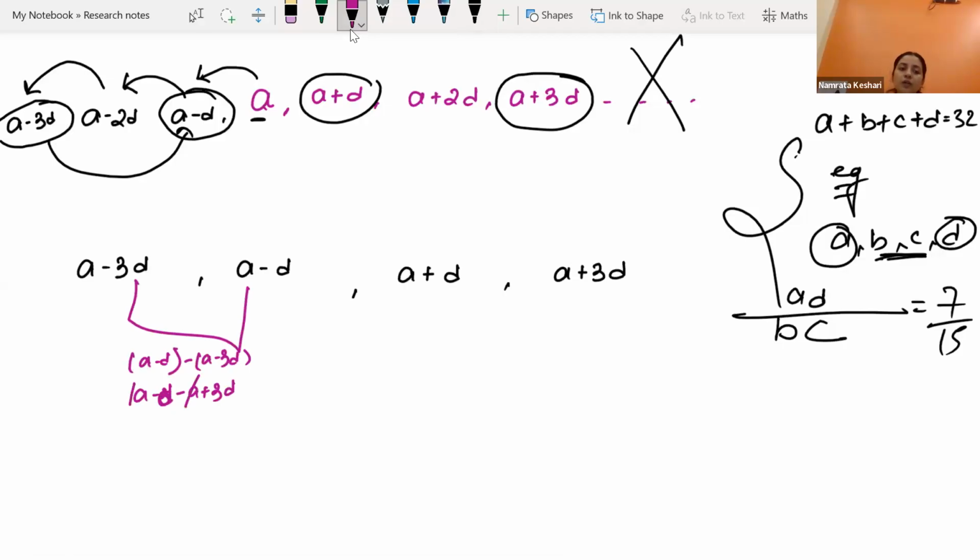Okay, a gone, 3d minus d will be 2d. So basically your difference is 2d. I started the discussion by telling that the difference can be anything, the only condition of AP was that all differences should be the same. Let's check it. Third term minus second term, a plus d minus a plus d is 2d.